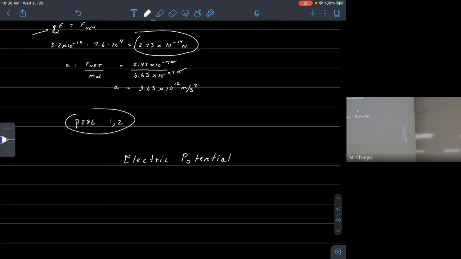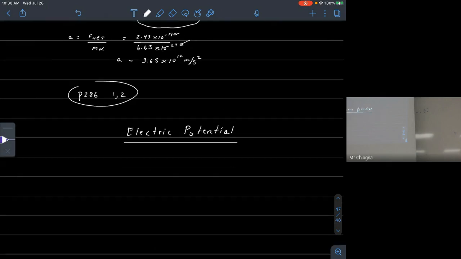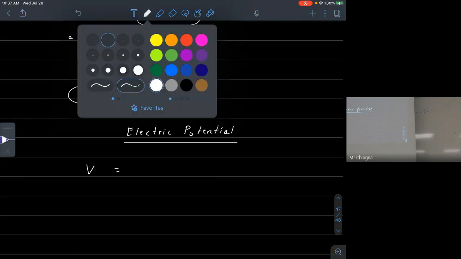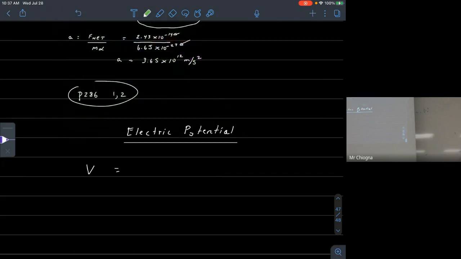Electric potential, symbol for that is V, units of volts. It's a little confusing, but I'll put the units.